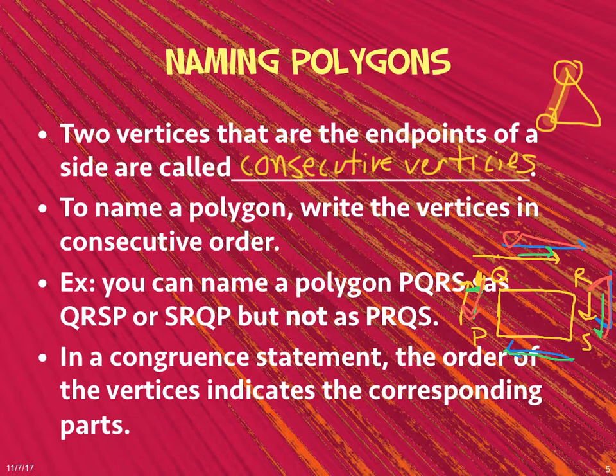In a congruent statement, the order of the vertices indicate the corresponding parts.